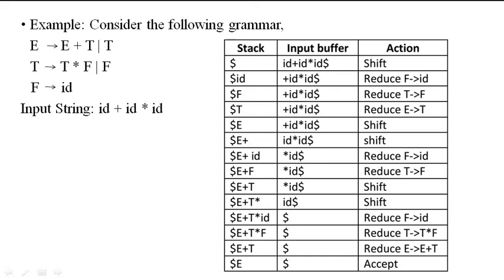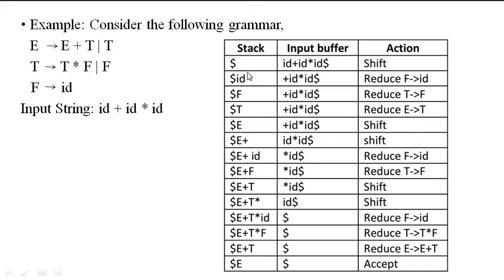First operation is shift. Just shift the first input symbol onto the stack. Here you can move ID on the stack. So in the input buffer the remaining string will be plus ID star ID and dollar.